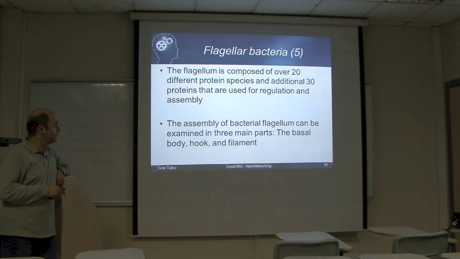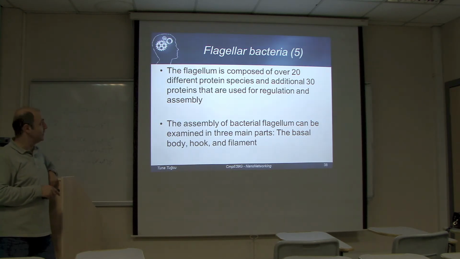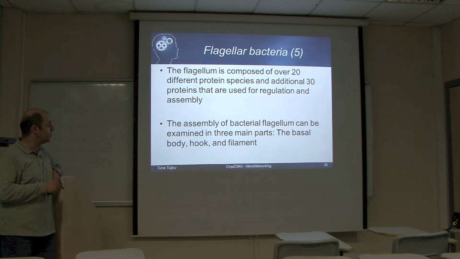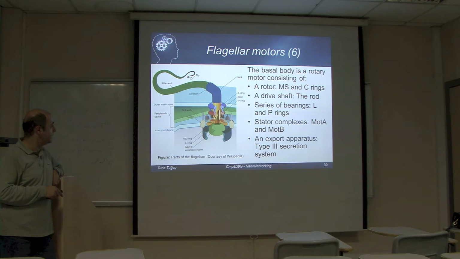The flagellum is composed of over 20 different protein species, and an additional 30 proteins that are used for regulation and assembly of those structures. The assembly of the bacterial flagellum can be examined in three main parts: the basal body, the hook, and the filament that you see here.